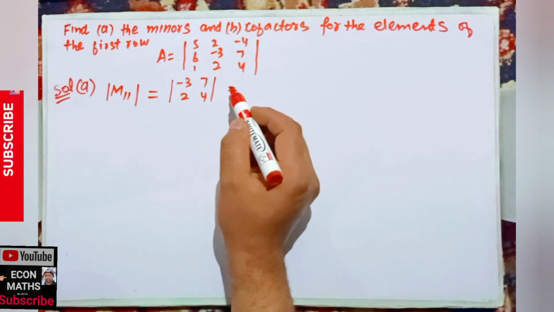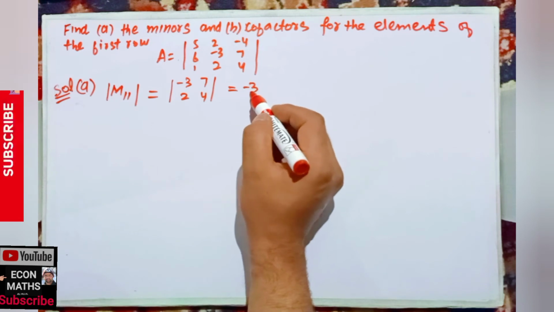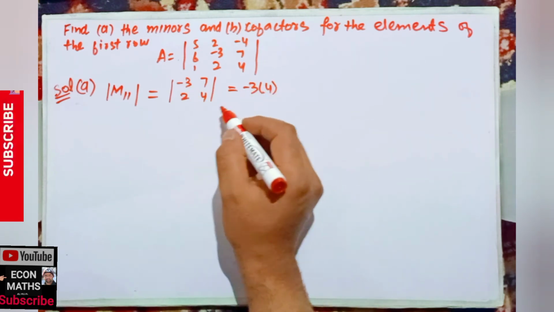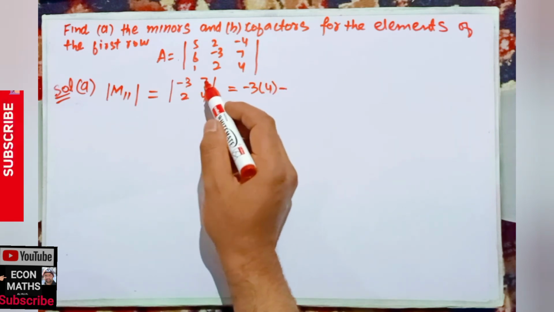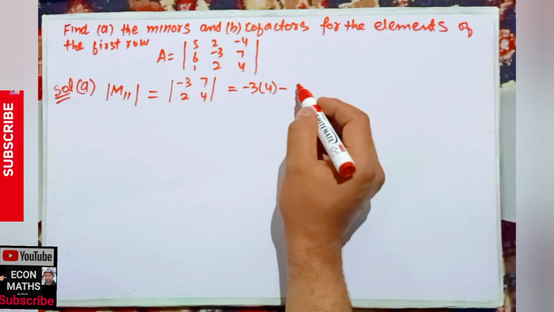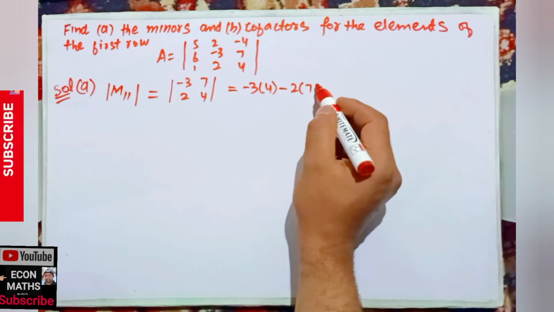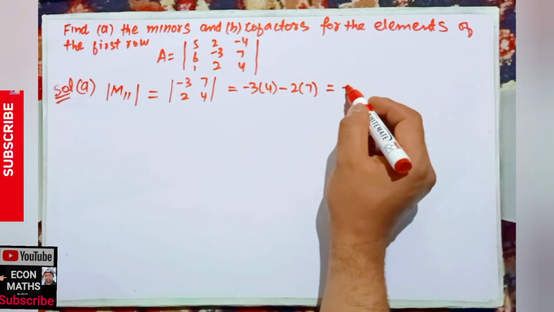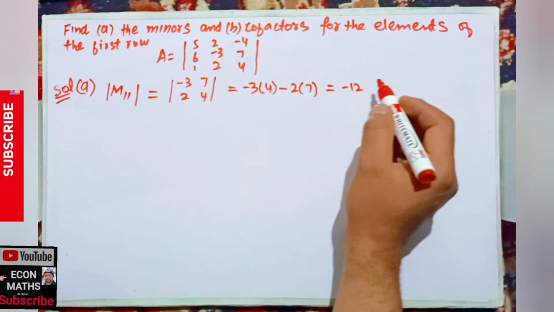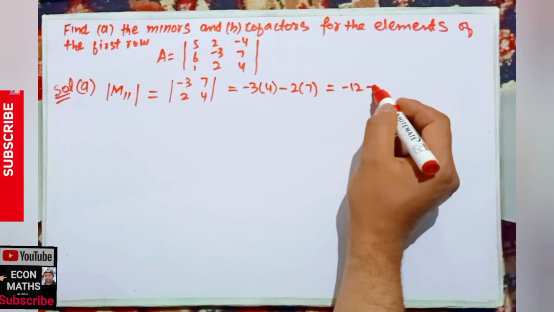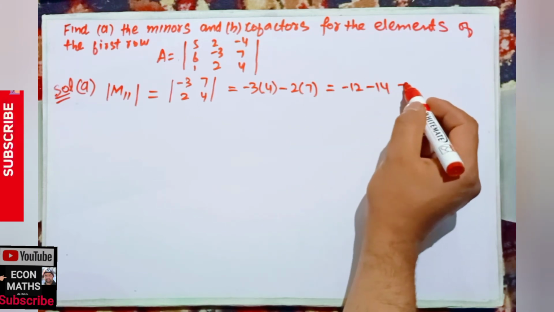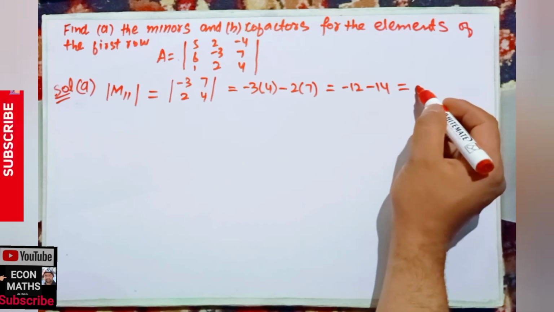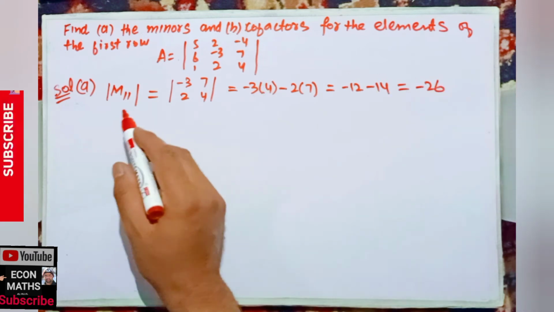Now solving this, this is -3 into 4, multiplying these 2 elements, and from there subtracting the product of these 2 elements, 2 multiplied by 7. So 3 4s are 12, minus 12, minus 14, that is -26. This is the first minor.